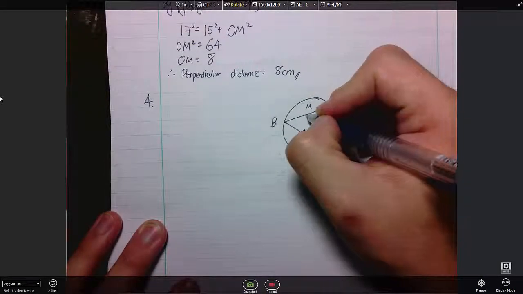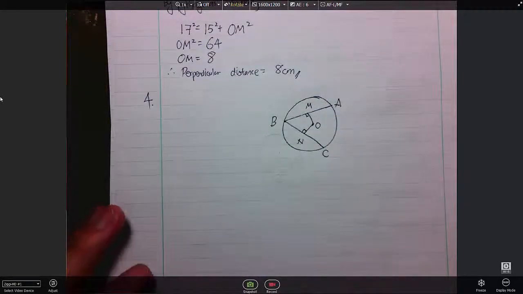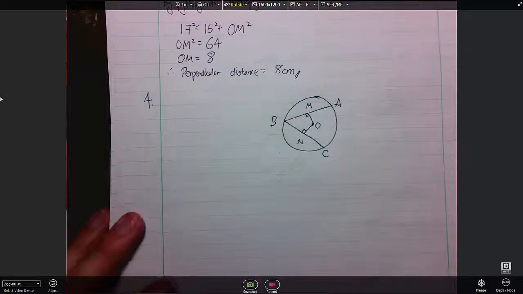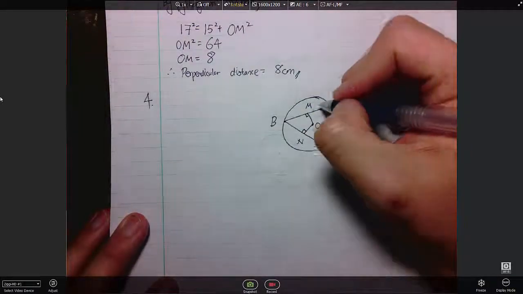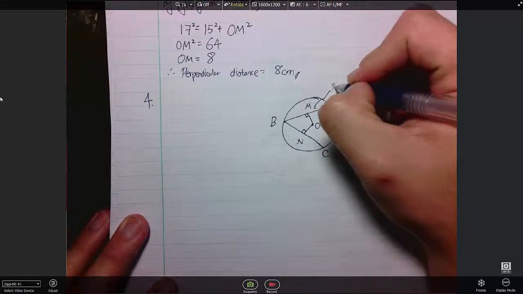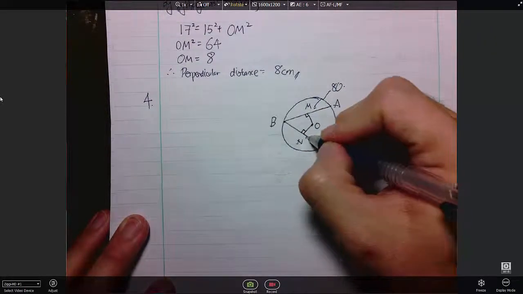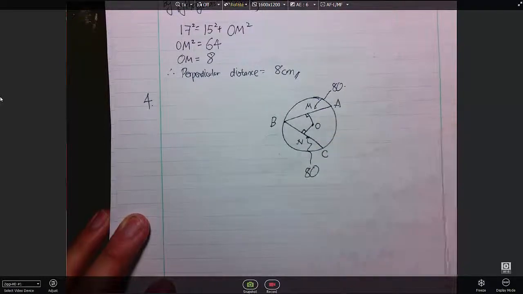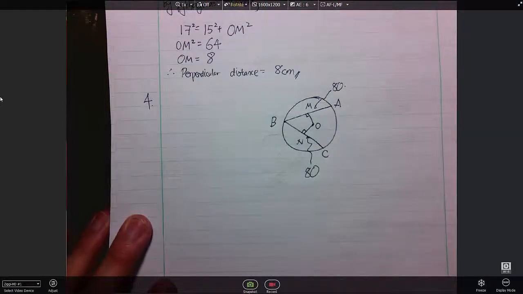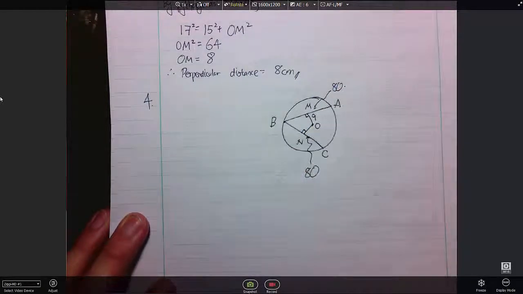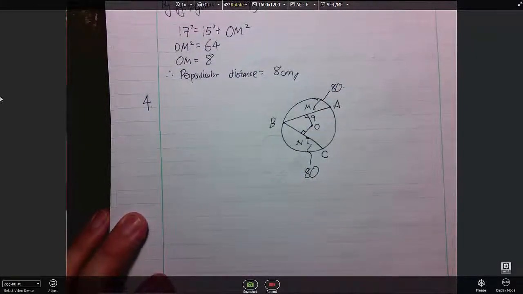Now let's label the parts. They say AB is equal to BC equals 80 cm. So this is 80, and BC is also equal to 80, like this. They also tell us that OM is equal to 9 cm. The first thing they want us to find is ON.